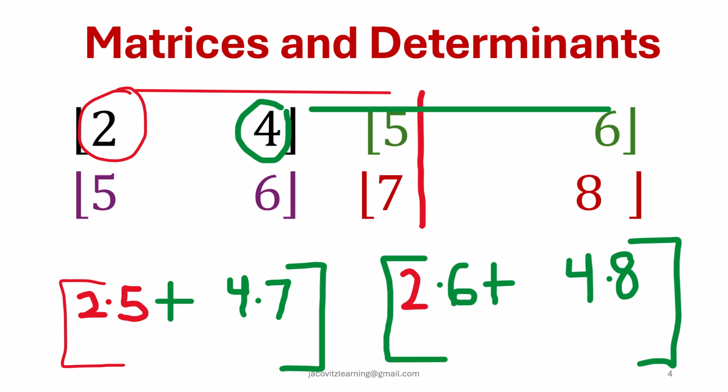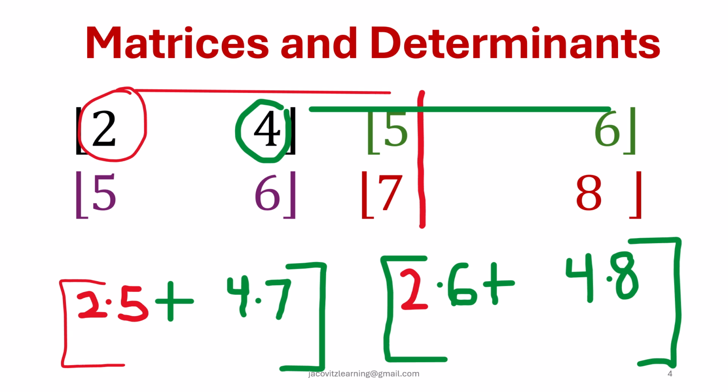The hardest part when I first started learning this, I wanted to go 2 by 5 and 4 by 5, but you cannot. It's 2 by 5, 4 by 7. However you have to process, left and over, or left and down, this element takes care of this, and this element takes care of this.